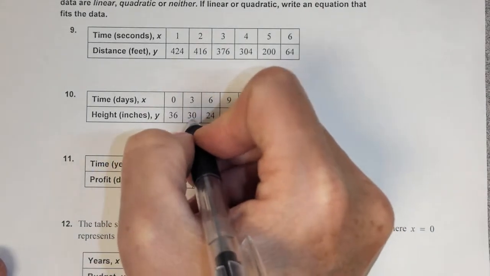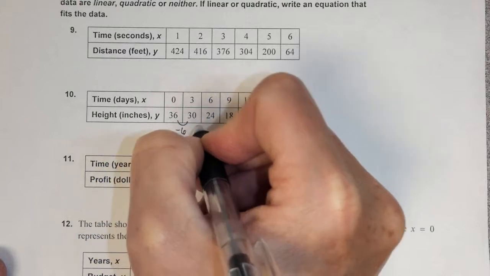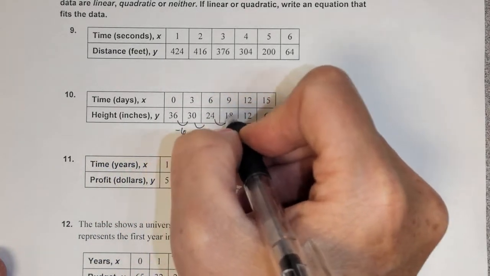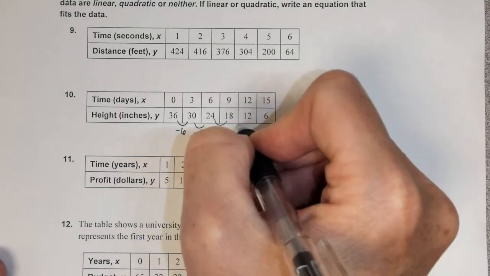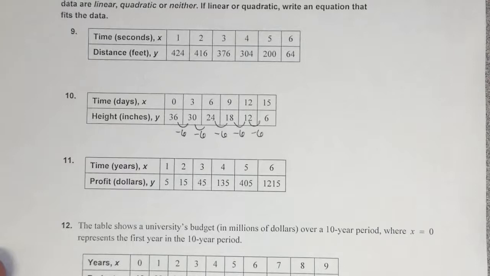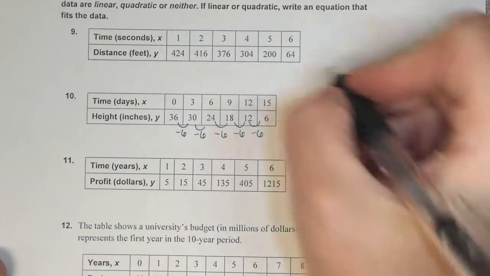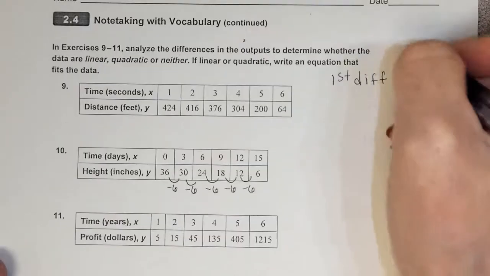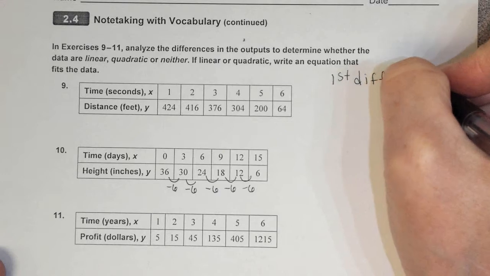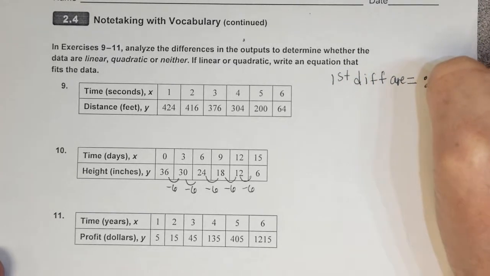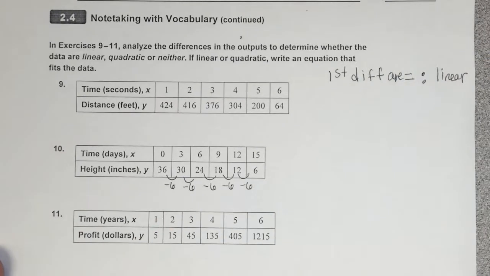To go from 36 to 30, that's negative 6. 30 to 24, that's down 6. 24 to 18, that's down 6. That's down 6. That's down 6. So were those first differences all the same? Yes. When the first differences are equal, that means that we have a linear function, right?